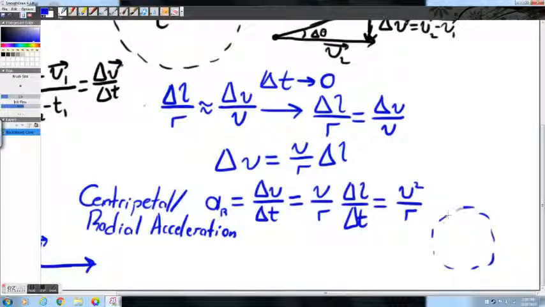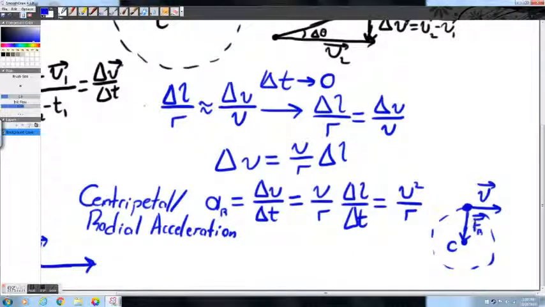So basically we have something that looks like this. An object is made to follow this curved path with a tangential velocity because of some radial force directed along the radius towards the center of the curved path.